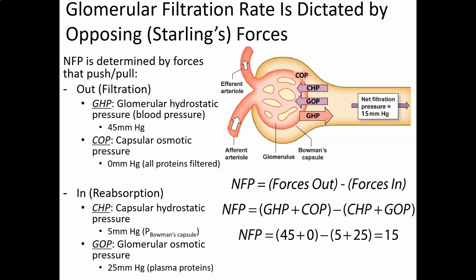So the NFP has a fairly small range. And again, if my NFP went to 10, even though yours is 10 and it gives you a normal GFR, that would make my GFR go in half, to 62.5. So once you have a normal NFP, that determines your normal GFR. And again, that range could be anywhere from 10 to 20 for most people.